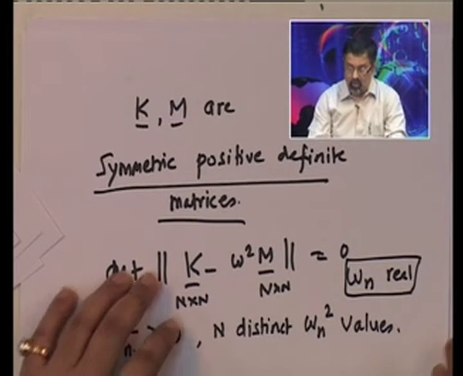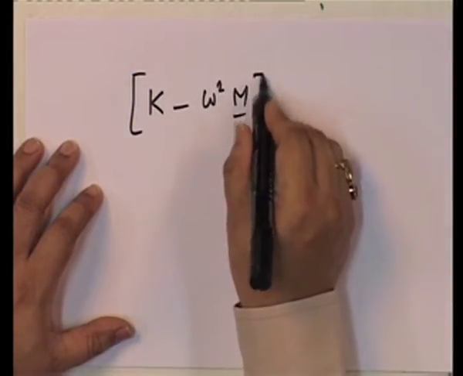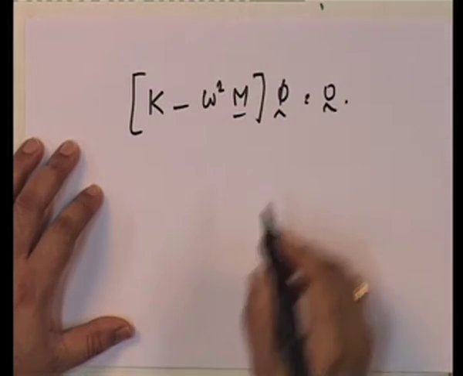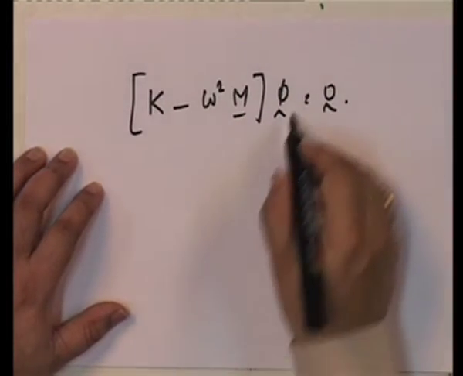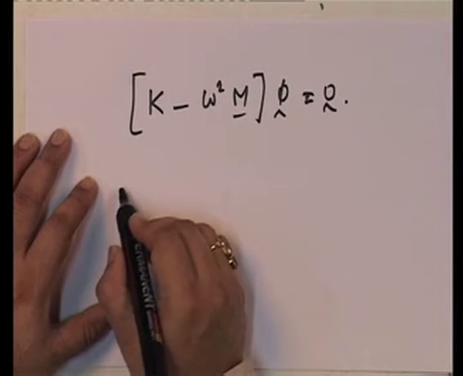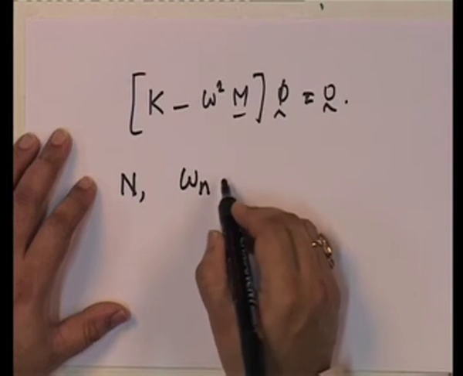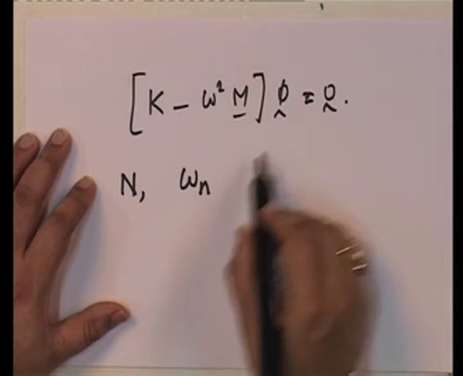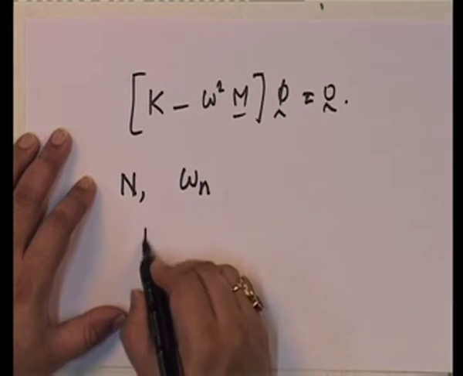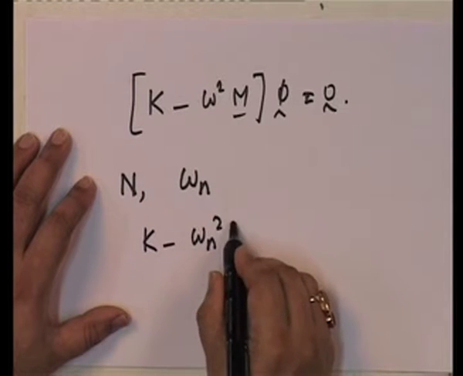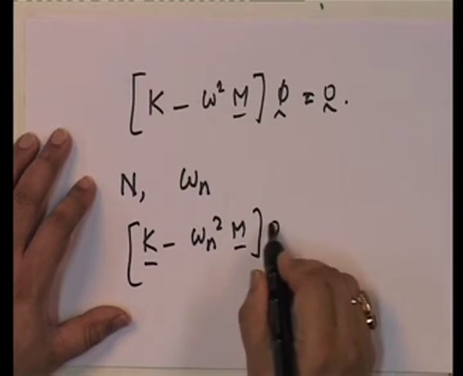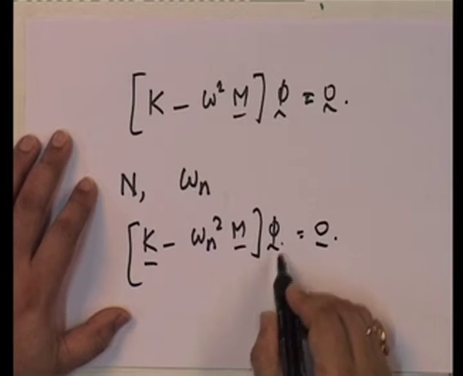So, that means what we get finally is the following: by solving this eigenvalue problem, this eigenvalue problem is solvable for n omega n values, okay, and for a specific value of omega n, you find out phi n.